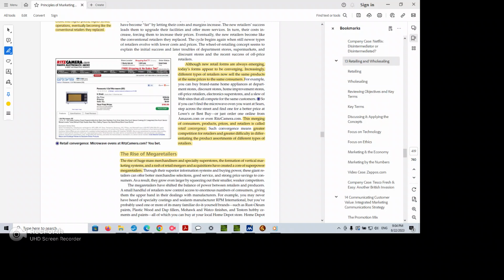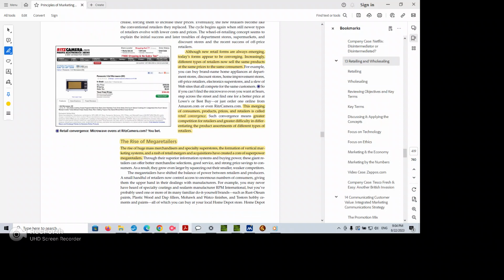Through their superior information systems and buying power, these giant retailers can offer better merchandise selections, good service, and strong price savings to consumers. As a result, they grow even larger by squeezing the smaller, weaker competitors. The mega retailers have shifted the balance of power between retailers and producers. A small handful of retailers now control access to enormous numbers of consumers, giving them the upper hand in dealings with manufacturers.